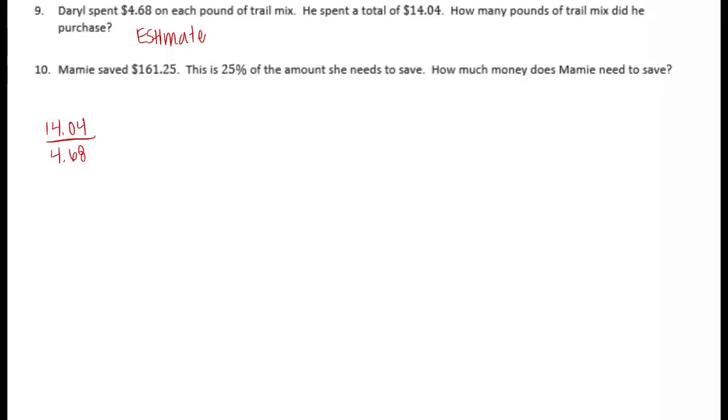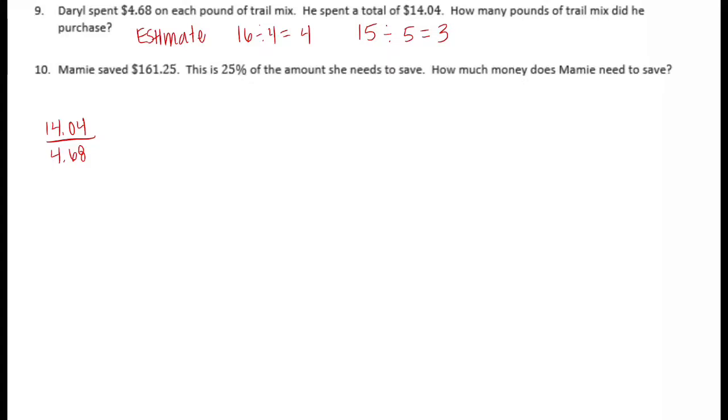So you could either do 16 divided by 4 and get 4, or maybe if you saw 15 divided by 5 and get 3. So it should probably be somewhere in between, like 3 and 4 would be a good estimate.